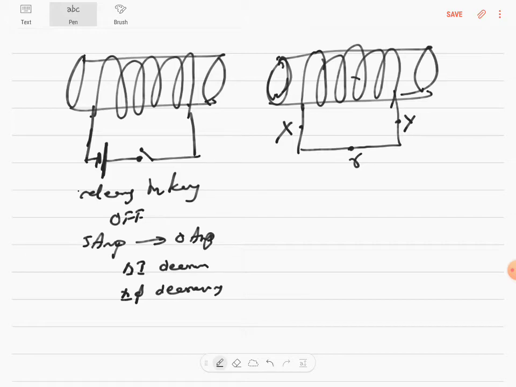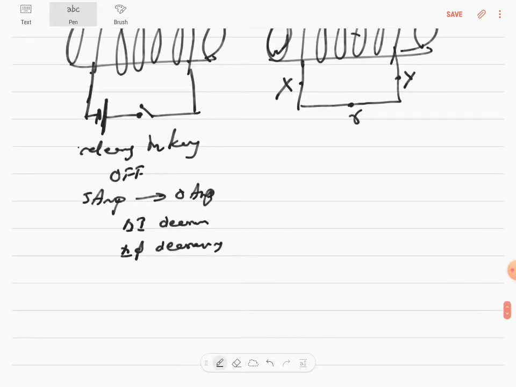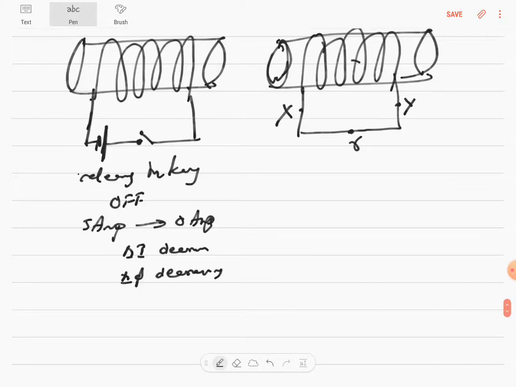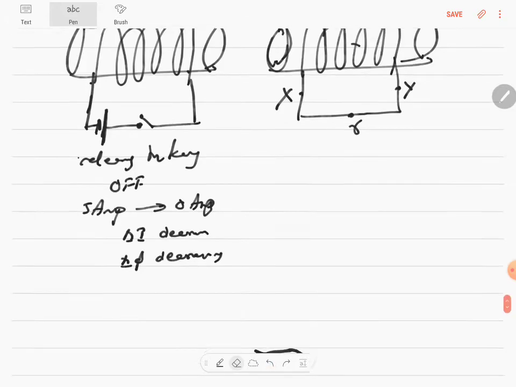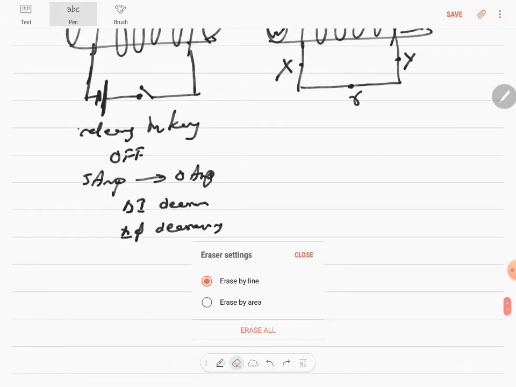Let us see. For me, it's easy to understand it as one single coil. Initially the current was flowing in this direction. Now it's being switched off, but at that moment also the direction is the same.